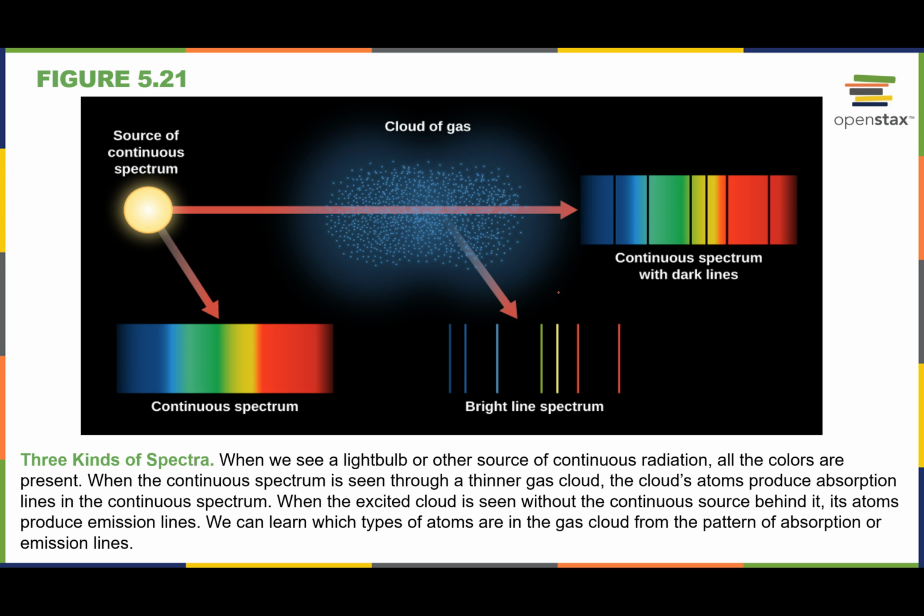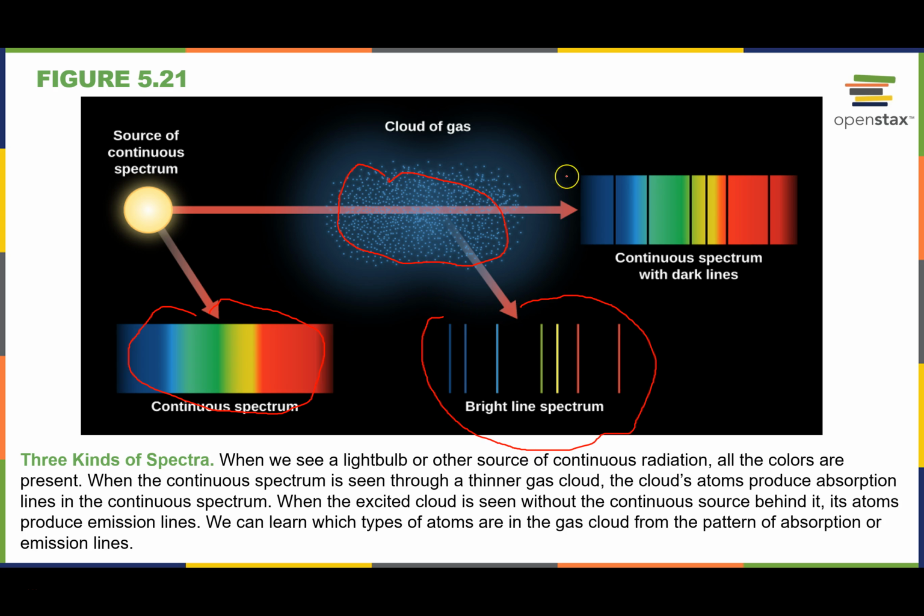Okay, then we have these three spectra. Now this is all the colors of the rainbow, no lines, a continuous spectrum. And then we talked about the electrons around the atoms in material that is in its gaseous state. They can be excited, and when they fall back down, they create these bright line spectra.